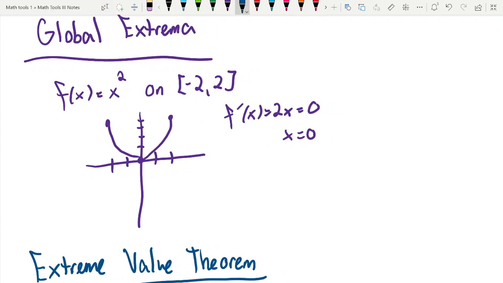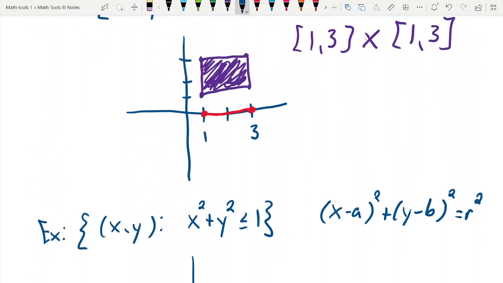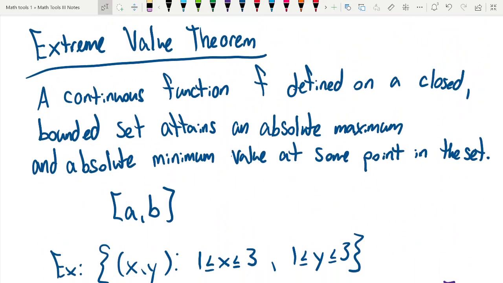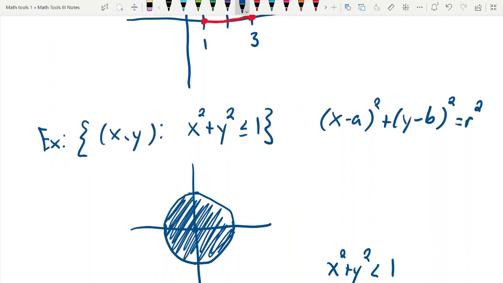It just wouldn't have a global maximum in that case. So if these conditions are satisfied, then we definitely will have them. But even if they're not, we still could have them. We're just not guaranteed to have them.